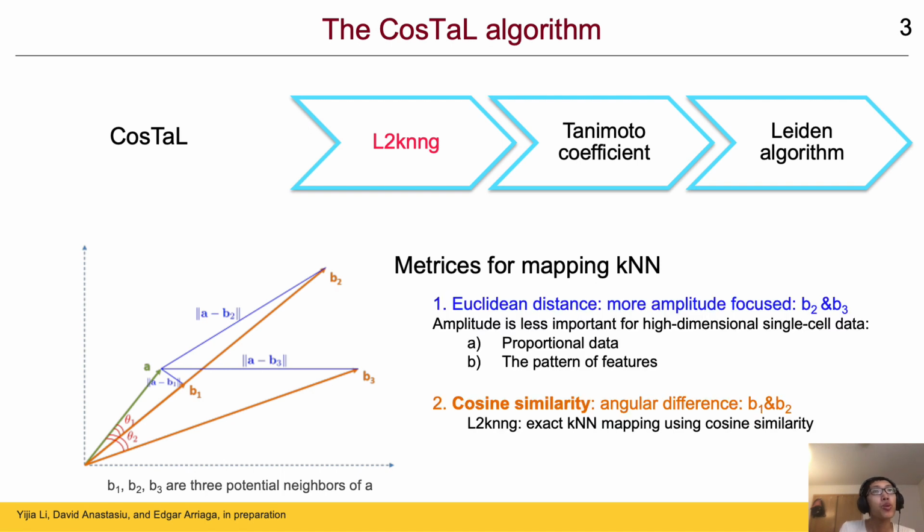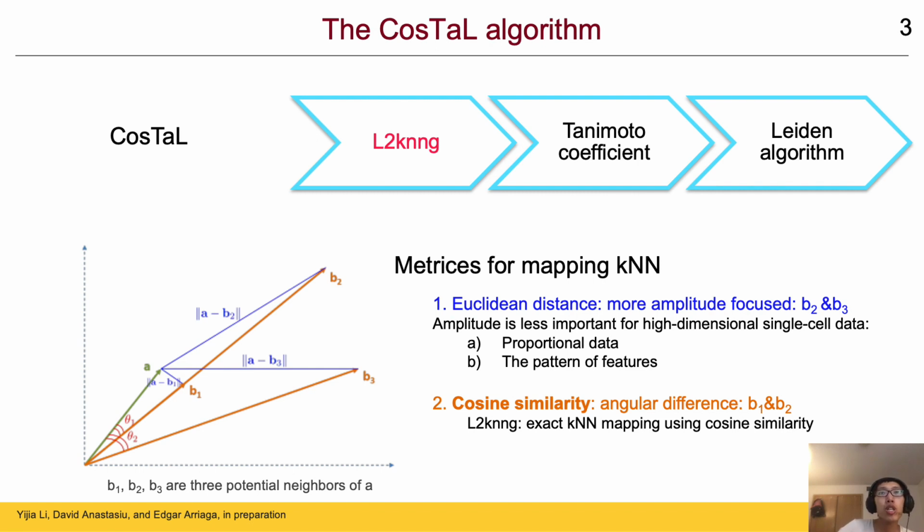So if we use the Euclidean distance, which is colored in blue, we will see that B1 can be considered as the nearest neighbor, but for B2 and B3, even though you can consider B2 more similar to A, the Euclidean distance treats B2 and B3 as the same level of neighbors compared with A.